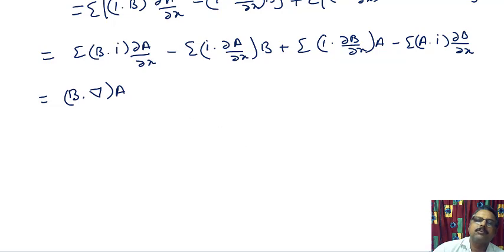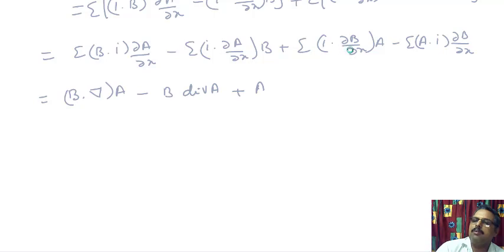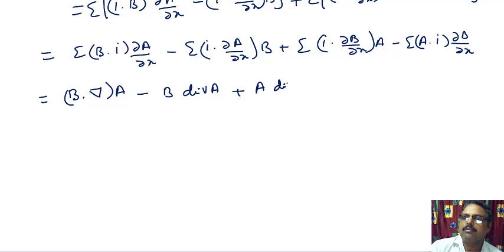In the similar way, this is B into sigma i dot, meaning divergence of A. Sigma i dot dou B by dou x equals divergence of B. Minus, in the similar way, A into sigma i dou B by dou x is del B.